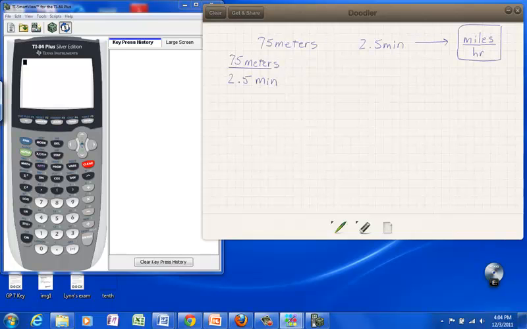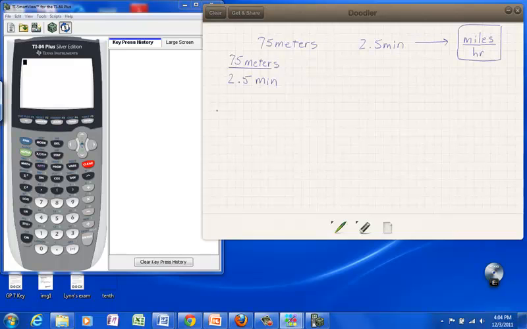Notice that I created a single fraction to get to this answer. I've noticed that some students that are having difficulty with these are trying to do this in 2 separate steps. And what our goal is really is to start with a single number and then use unit fractions to convert it. All right, so how do we convert meters to miles?